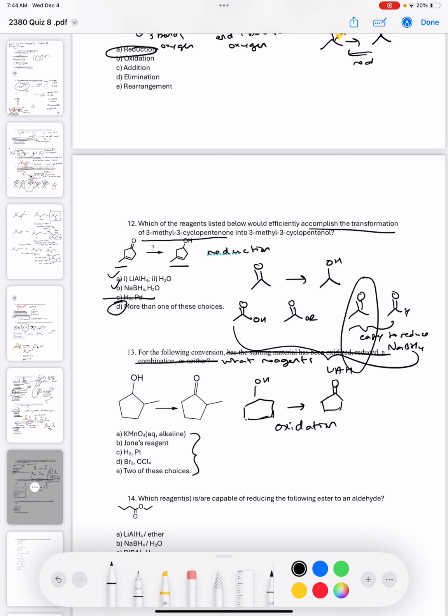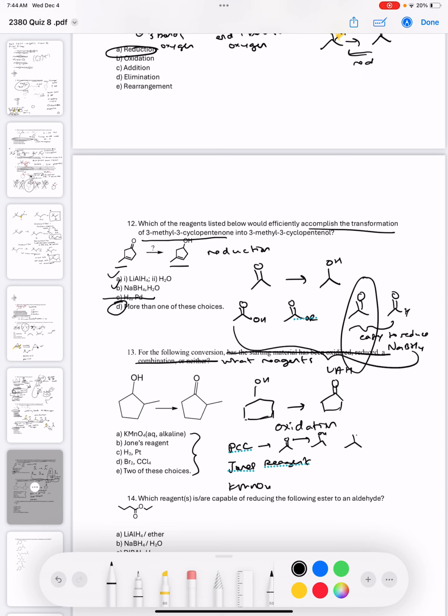And oxidizing agents, we can use PCC, Jones reagent, or KMnO4. Now each of these have their kind of niche. PCC can take secondary alcohols to ketones, no problem.